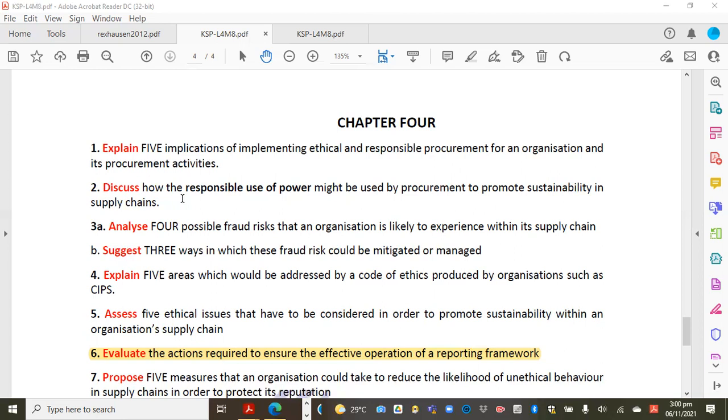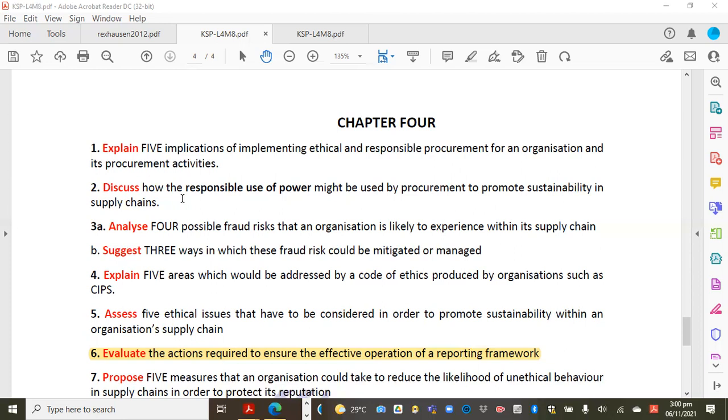So using this power responsibly means that the supply chain members who have more knowledge or expertise in ethical and responsible business can use this expertise to educate those other members within the chain who are ignorant or not aware of these ethical and responsible behaviors.